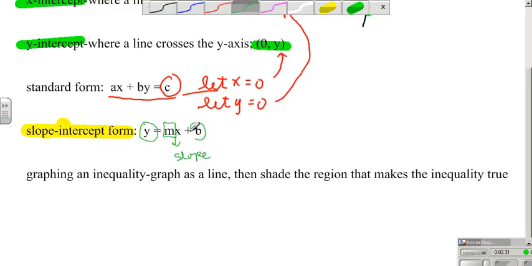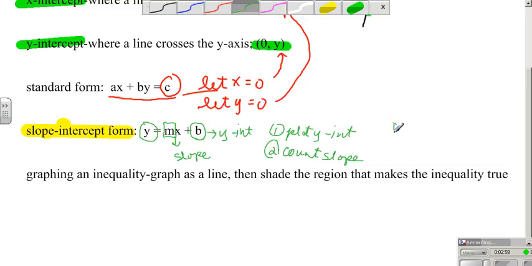Whatever your constant is, that is your y-intercept. So to graph from the slope-intercept form, you plot your y-intercept as your first step, and your second step is you count off your slope. And that'll take you to your next point, and then you can graph it.